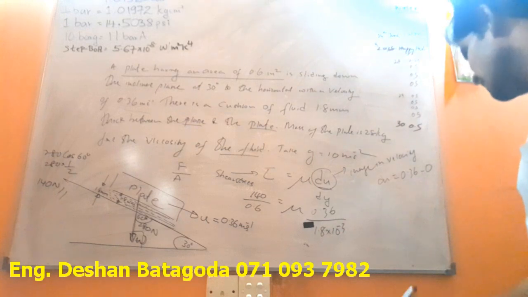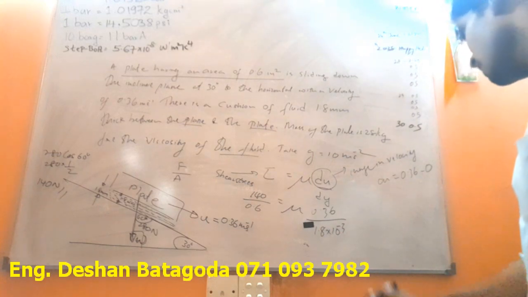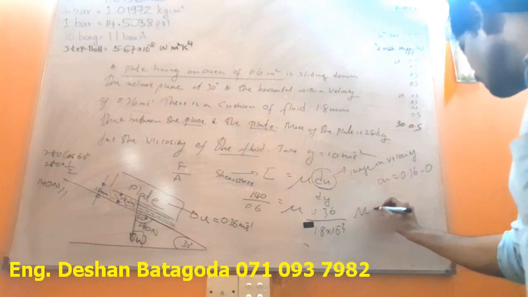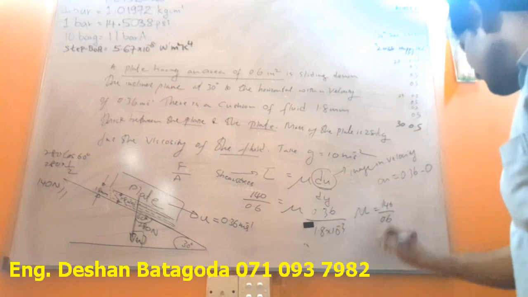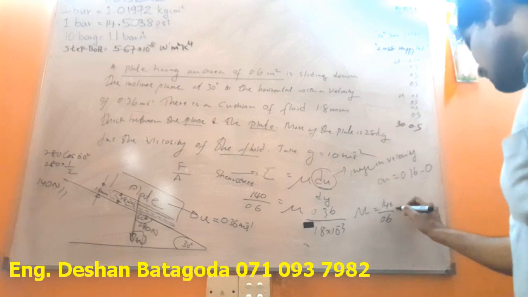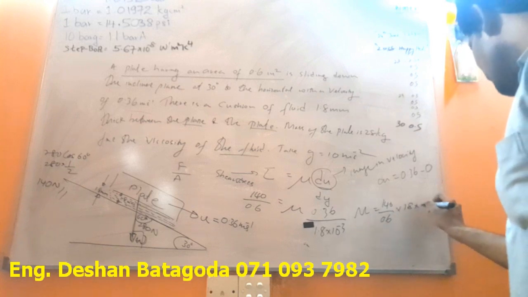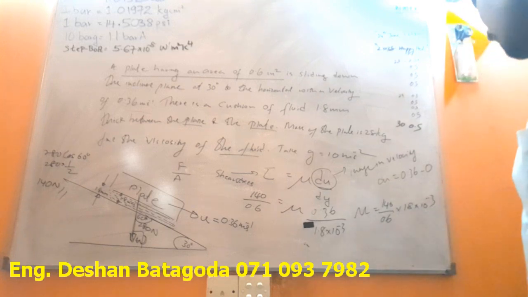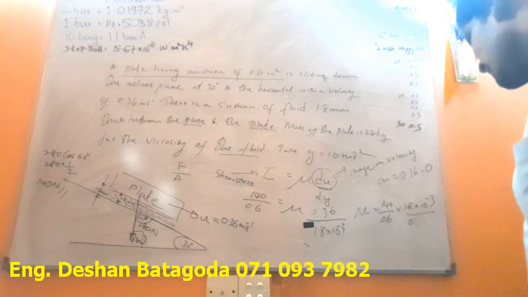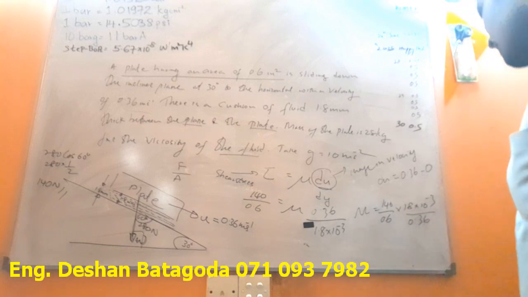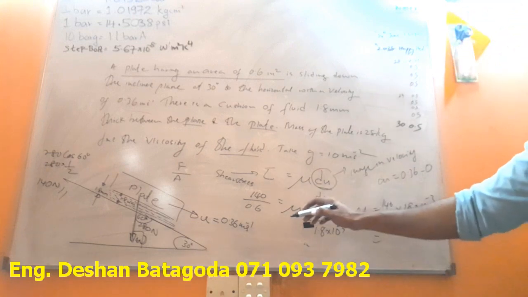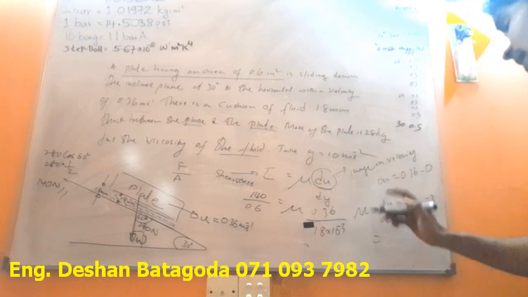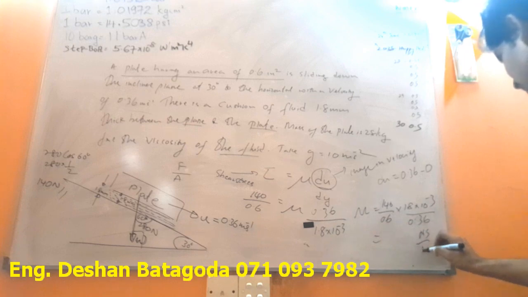Then mu will be 140 divided by 0.6, multiplied by 1.8 into 10 to the power minus 3, divided by 0.36. Here mu stands for dynamic viscosity, so the answer you will get is in Newton seconds per meter squared.